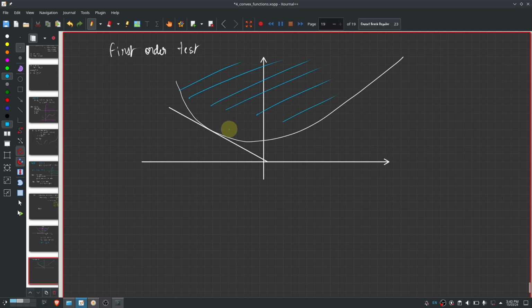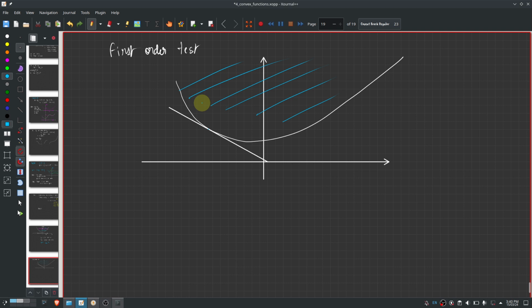Exactly. There exists a supporting hyperplane at every point. So if I take a point and consider the supporting hyperplane, the entire set lies on one side of this plane. So if I construct the supporting hyperplane, then the entire epigraph would lie on one side of it, or in one half space defined by this supporting hyperplane.